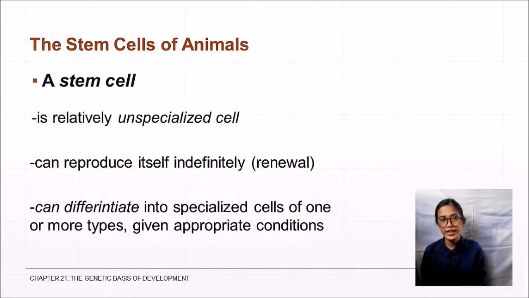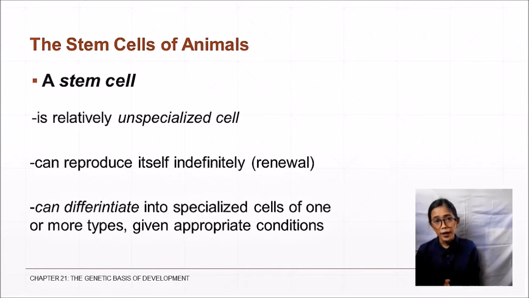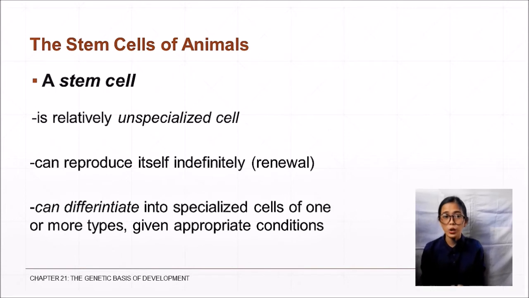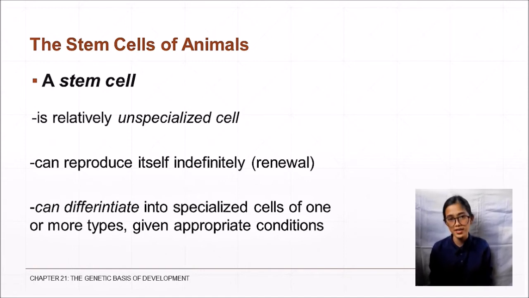Further support for the idea that cells become different by expressing different sets of genes from the same genome comes from the study of a group of cells called stem cells. Stem cells are able both to replenish their own population and to generate cells that travel down various differentiation pathways.